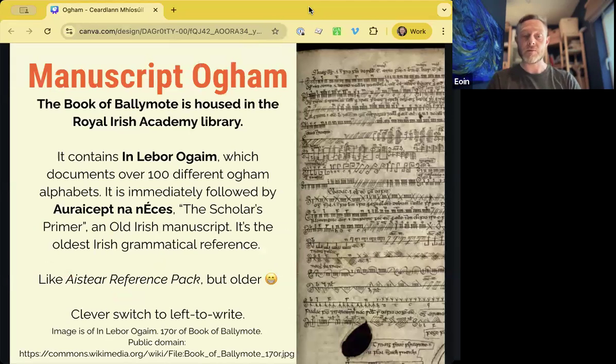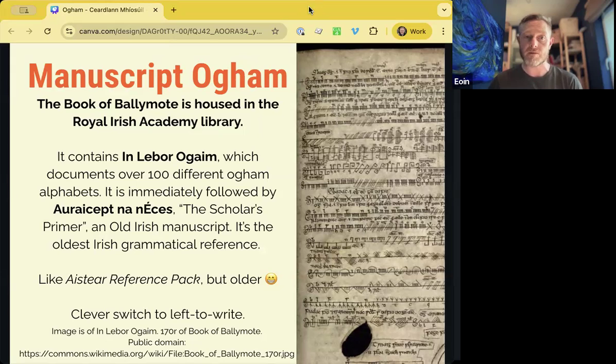So, manuscript Ogham. Like I said, I find it really interesting. Lately, I traveled up to Dublin, not to the Royal Irish Academy Library, but to the National Library, and I saw manuscripts that are on loan from St. Gallen in Switzerland. St. Gall was probably an Irish monk who set up a monastery, and St. Gallen is now a city in Switzerland.